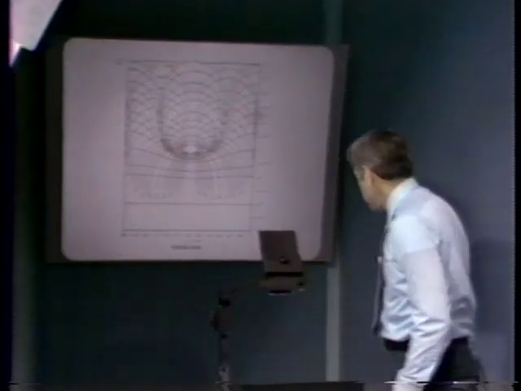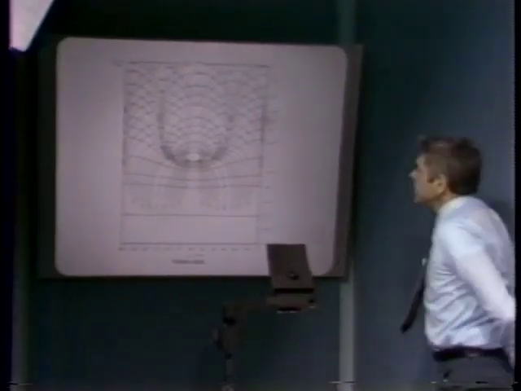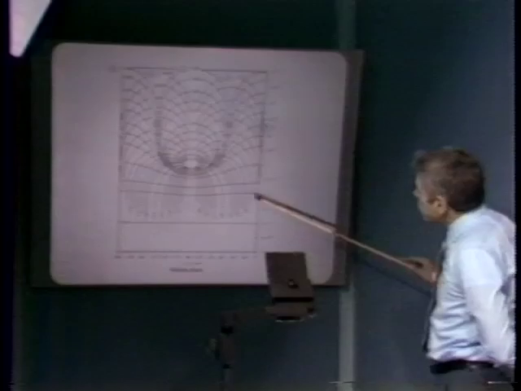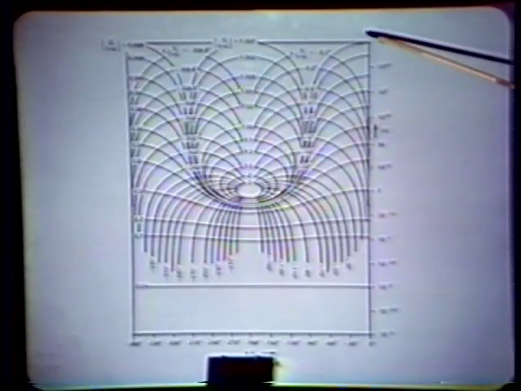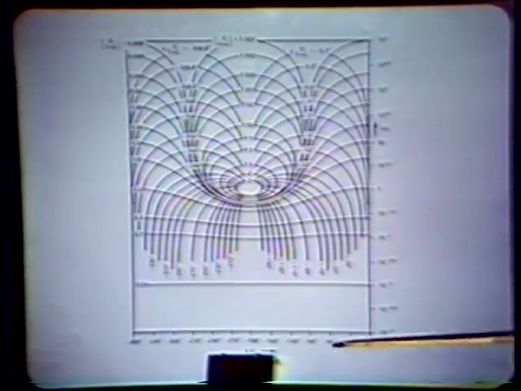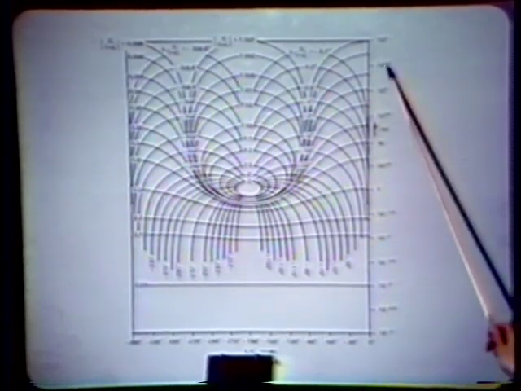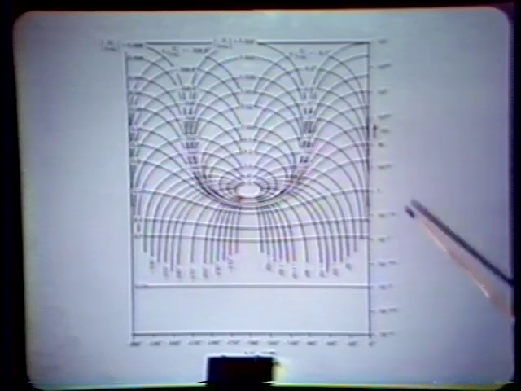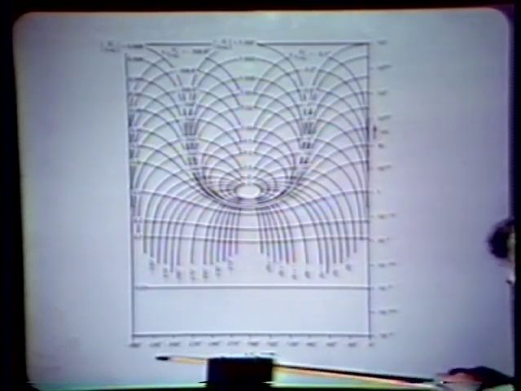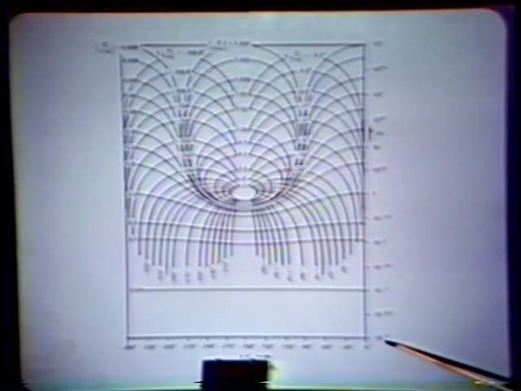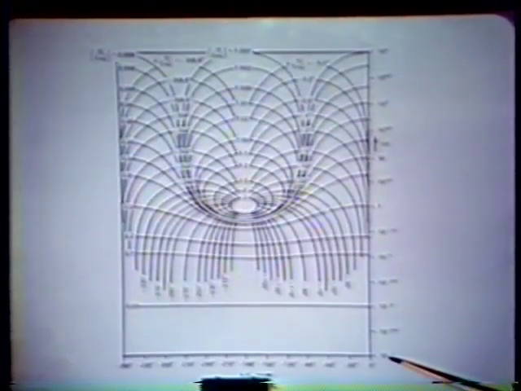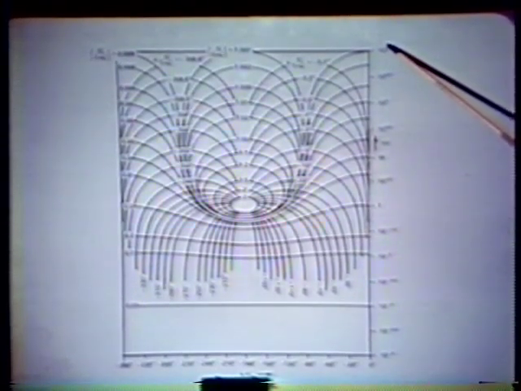And here's a Nyquist chart. It's a little bit confusing, but there is a grid in the background which are gain phase coordinates. Here's the magnitude of G, the angle of G along here. Here we have a magnitude of G running from 10 to the minus third up to 10 to the third.